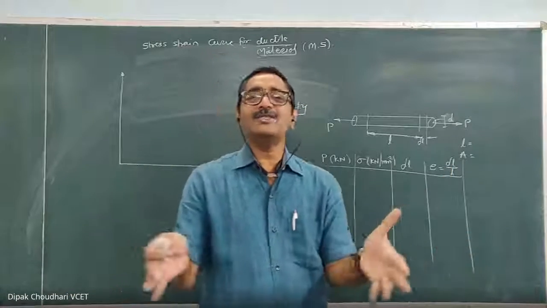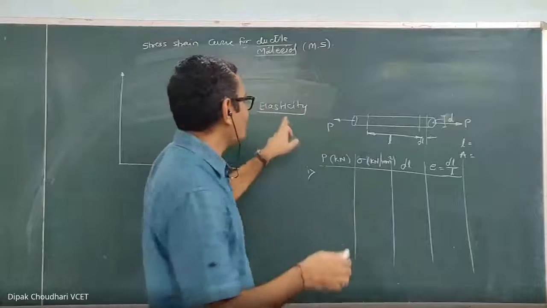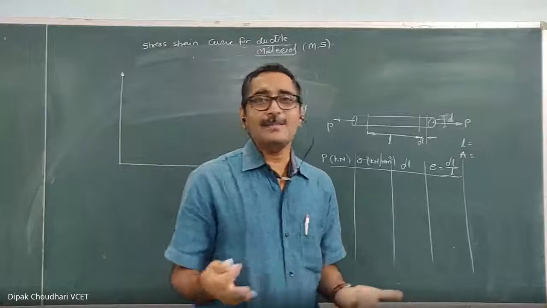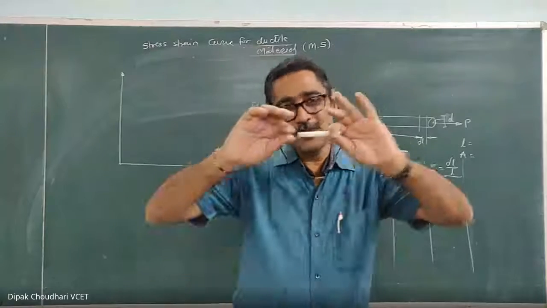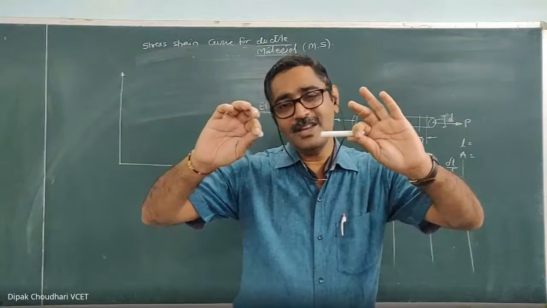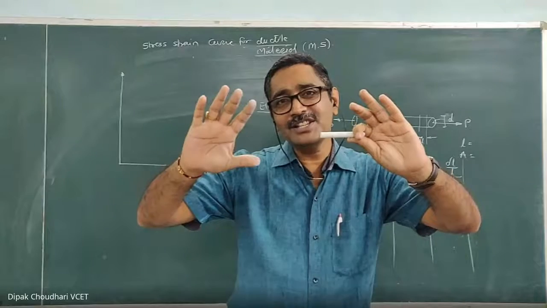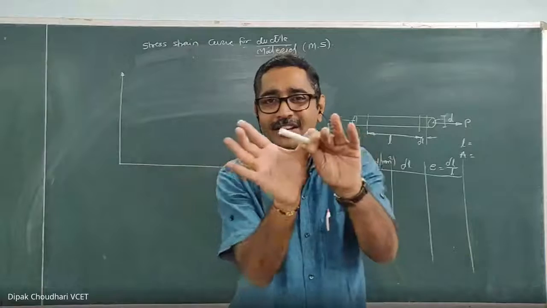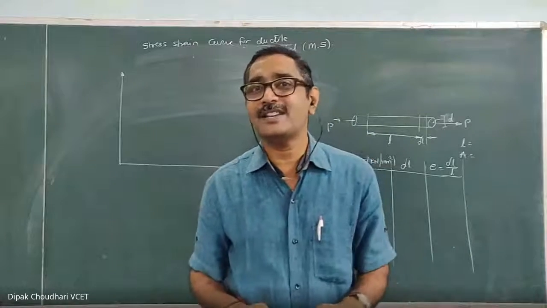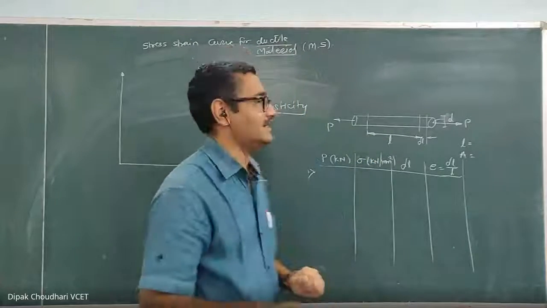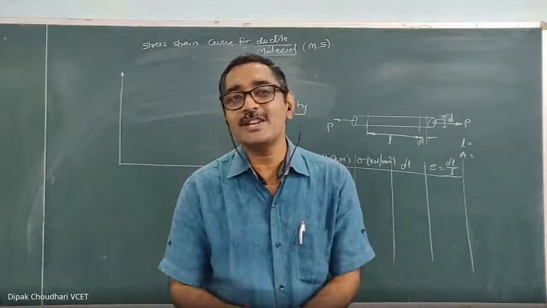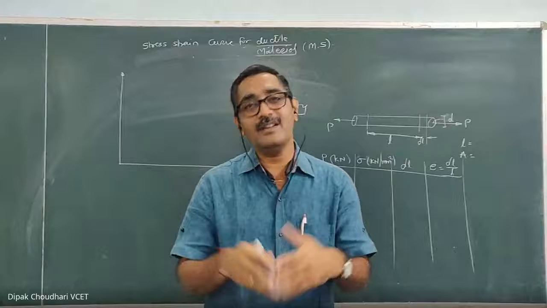For example, rubber: when we apply force, it elongates, and when I release that external force, the deformation disappears and it comes back to its original shape and size. It is because of its elasticity. So elasticity is the property by virtue of which the material regains its original shape and size after removal of the external applied load.